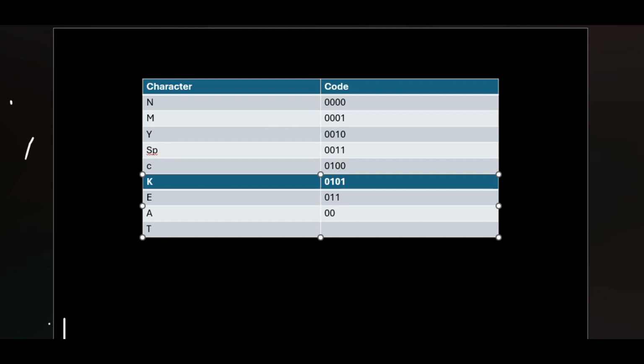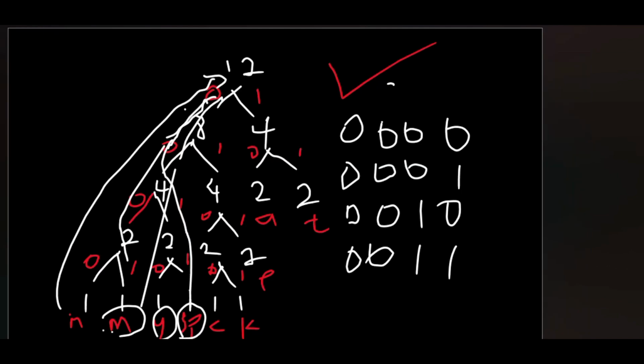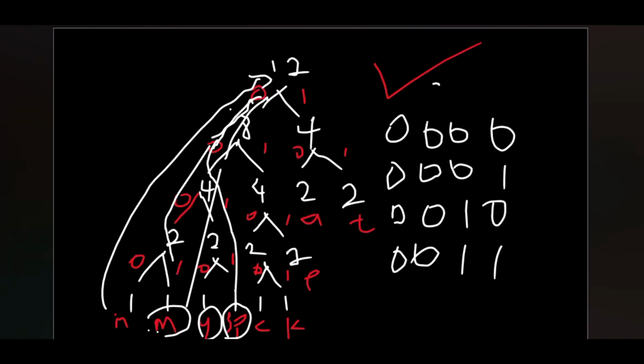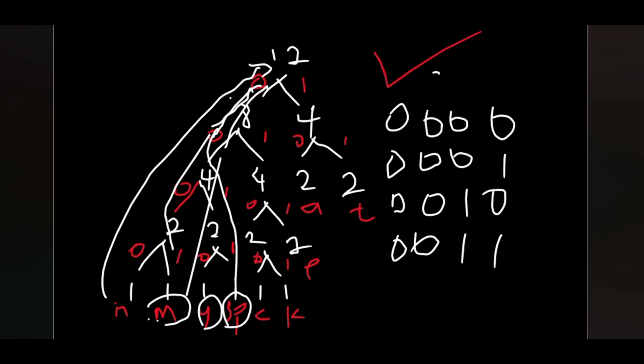And then the T there is just 1 1. So the T is 1 1. As you can see from the rightmost, from 12 to where the T is, 1 and then 1, because I said that all the right hand side is going to take 1 and all the left hand side of the tree is going to take 0. Yes, so that is it.